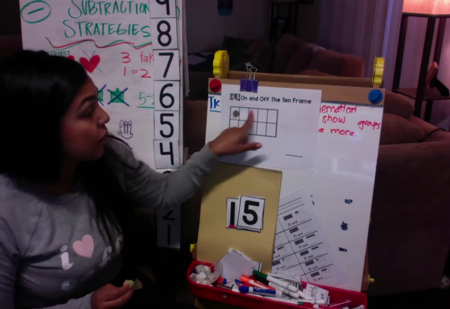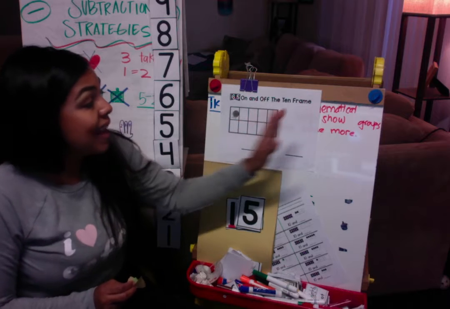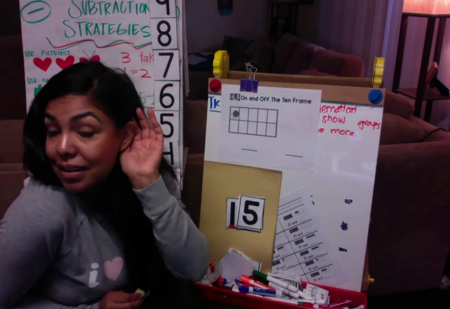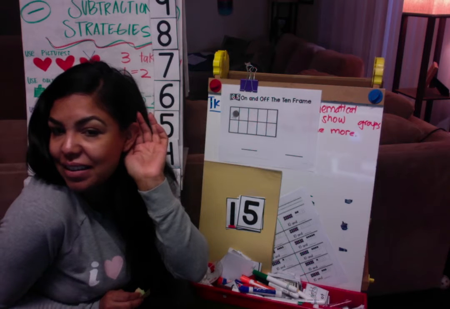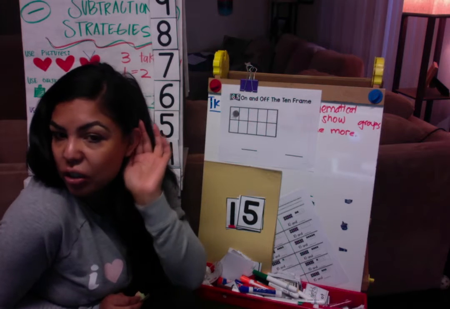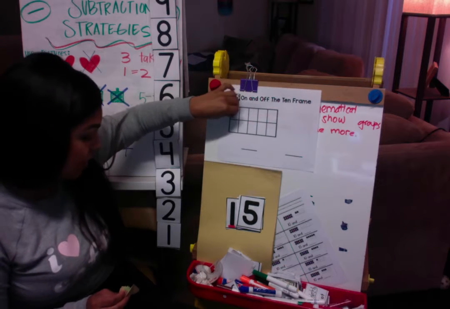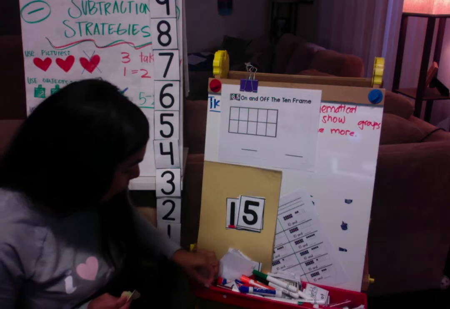So that means you need to fill in the whole 10 frame and then some more. How many more? 10 and 5. Good. So I want you to show me on your 10 frames 10 and 5. That's what we're practicing today.